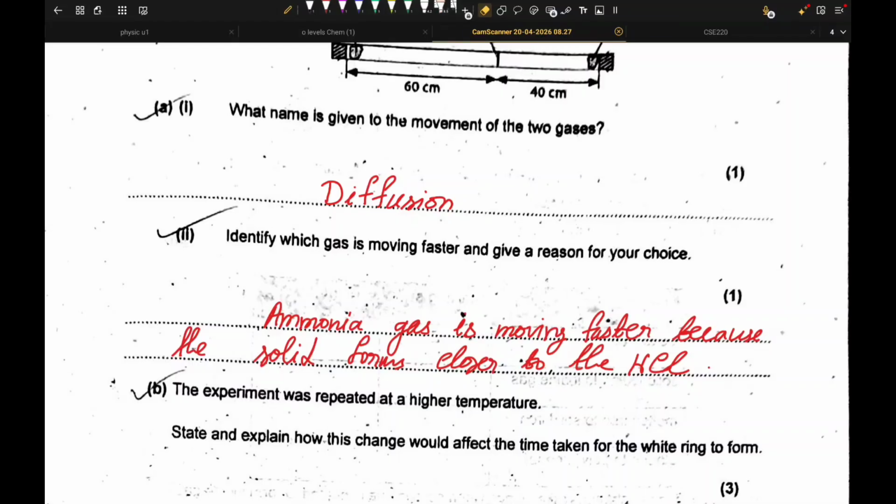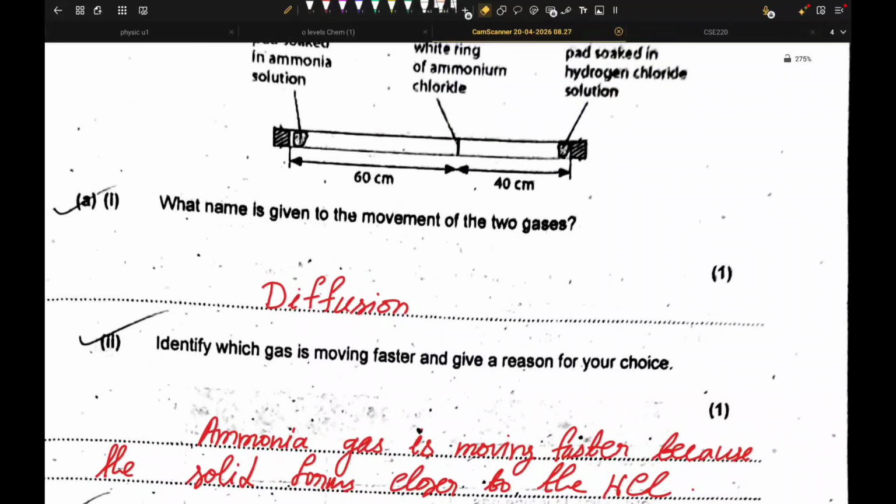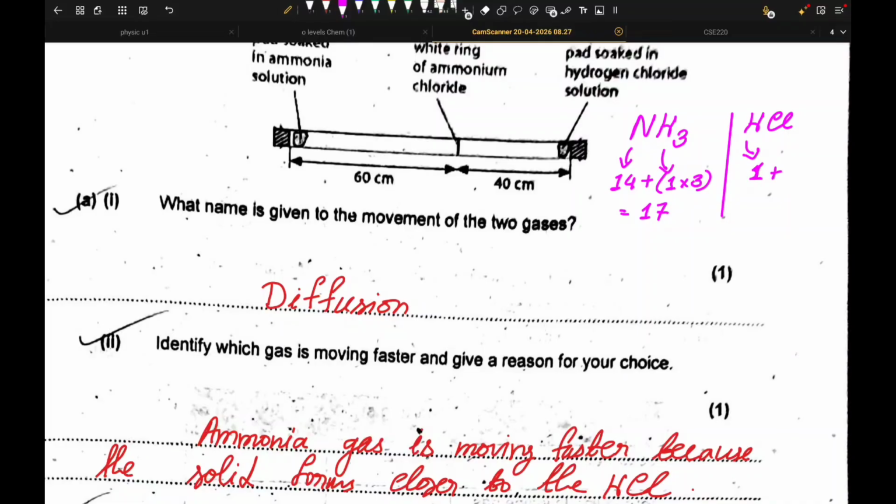Now, to identify the movement of the gas, we will first need the formulas. And why do we need the formulas? NH3 and HCl. Now, NH3: N goes 14 plus H is 1, but there are 3 particles, so the mass is 17. On the other hand, for HCl, H goes as 1 plus chlorine goes as 35.5.